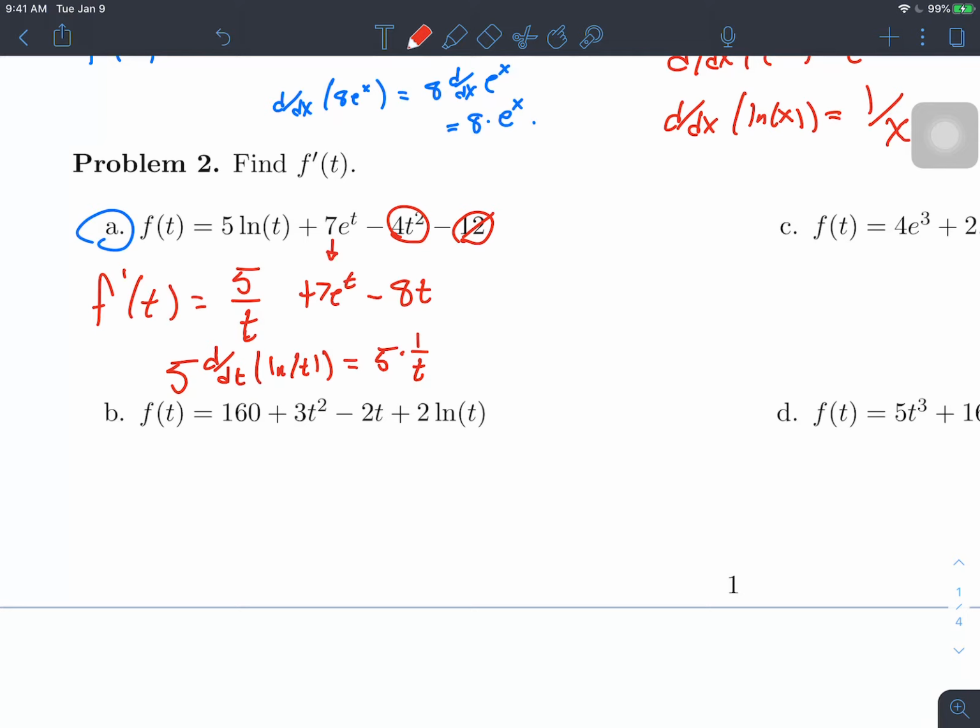And our friend here did 5 times 1 over t. He knows that we can just write 5 over 1 and multiply straight across: 5 times 1 is 5, 1 times t is t, and get 5 over t. Very good job. Thank you for that.